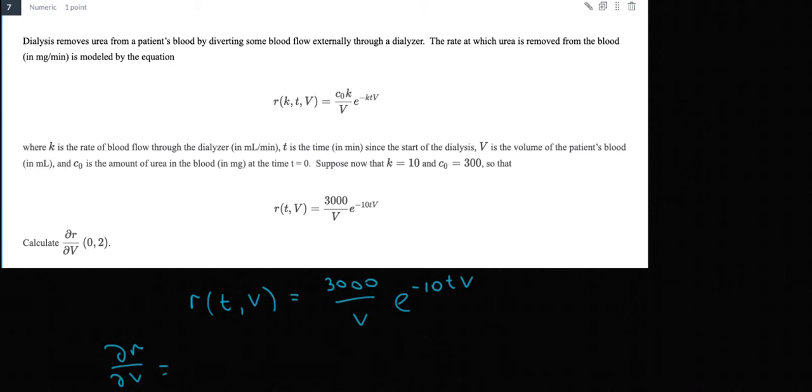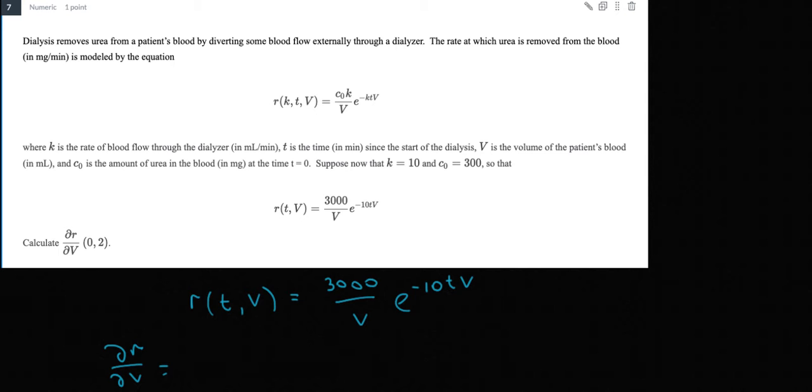In problem number 7, we're given the equation for the rate at which urea is removed from the blood of a patient during dialysis. And this rate depends on the time t since the start of the dialysis and the volume V of the patient's blood.